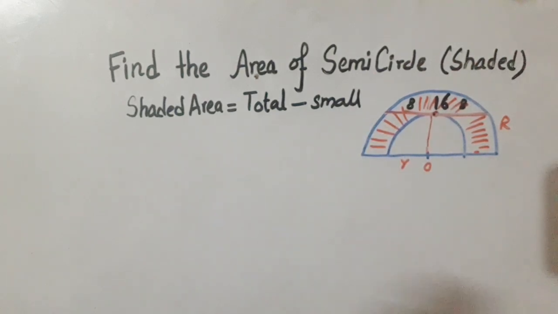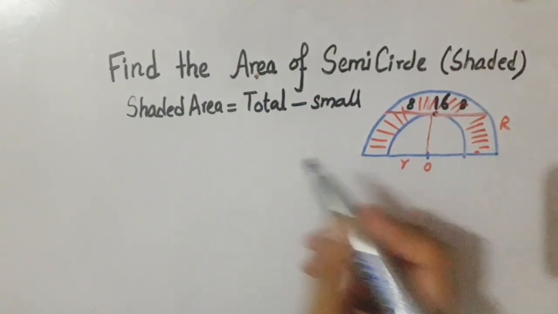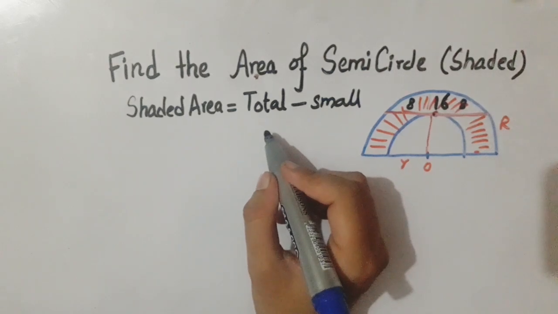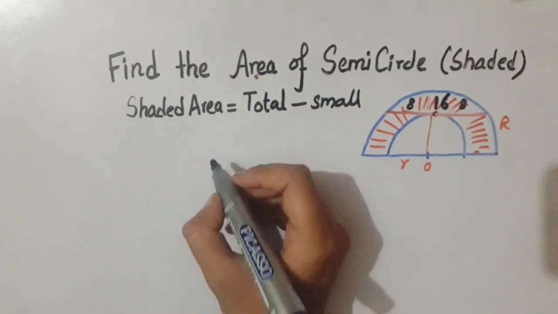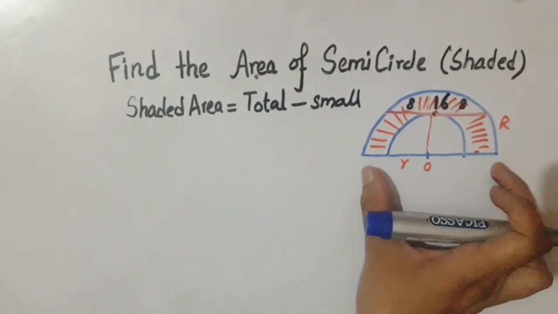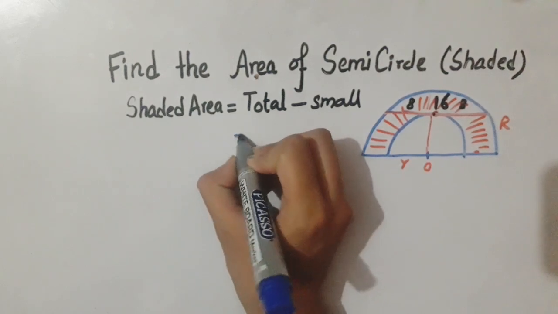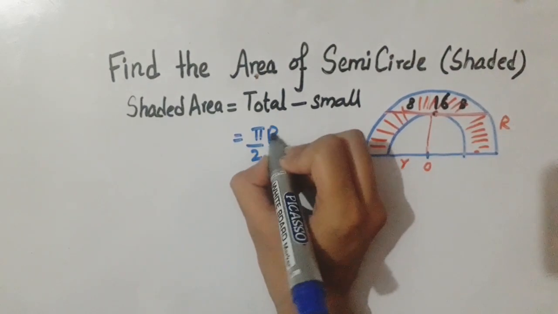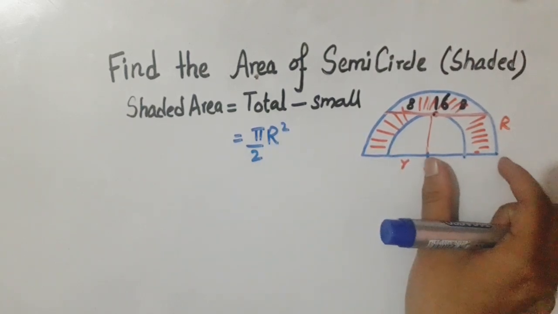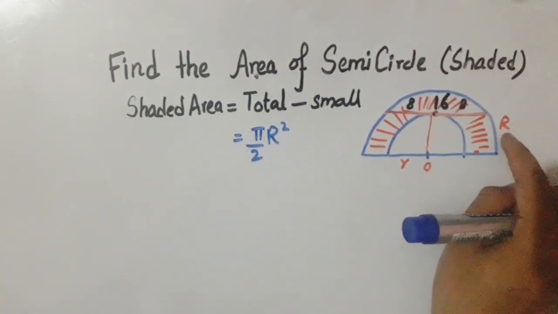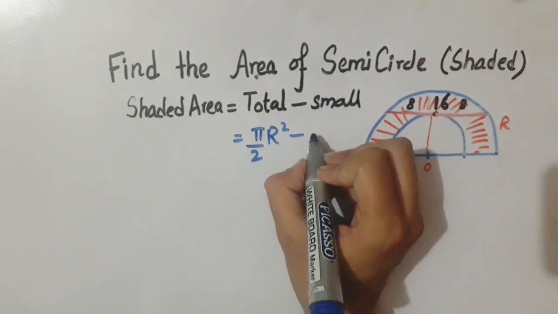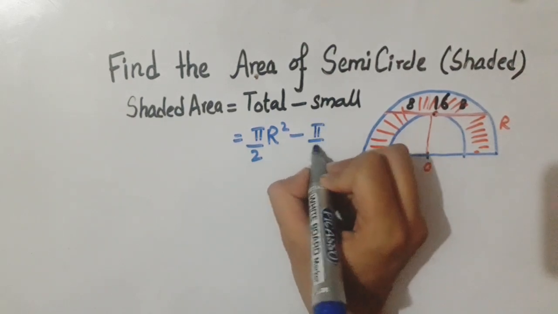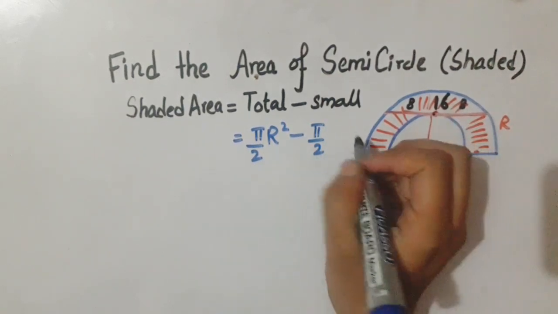So for this purpose we will use the area of a circle equals pi r square, but here this is a semicircle, so the area is pi by 2 r square, because the whole of this has radius capital R, minus pi by 2 small r square.